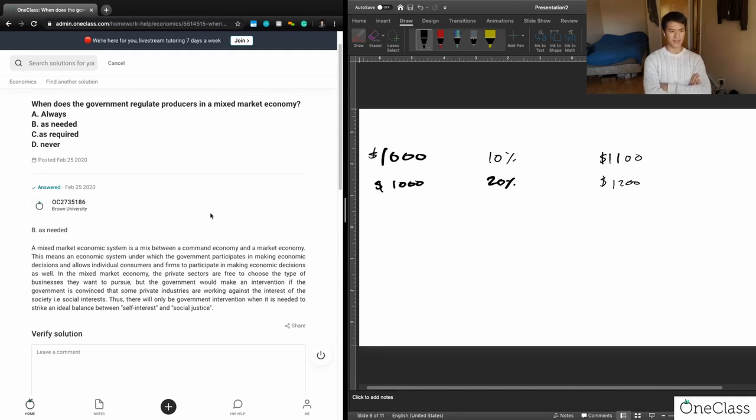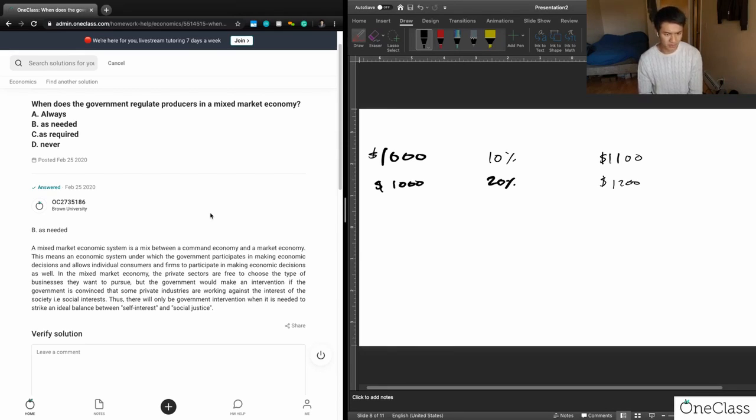Okay, so let's take a look at the previous answer. The previous answer says as needed, which is correct. It says a mixed market economic system is a mix between a command economy and a market economy. This means an economic system under which the government participates in making economic decisions and allows individual consumers and firms to participate in making economic decisions as well.